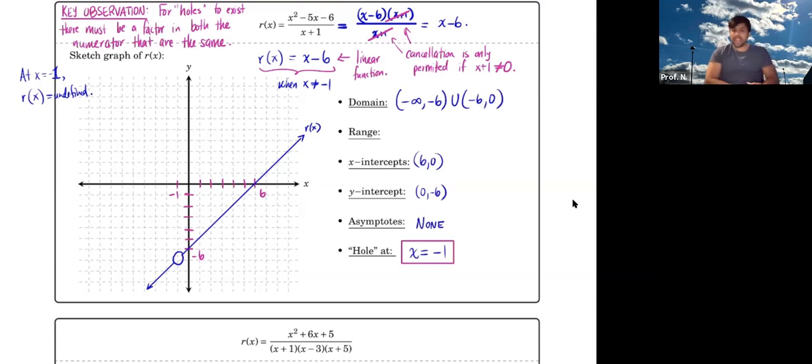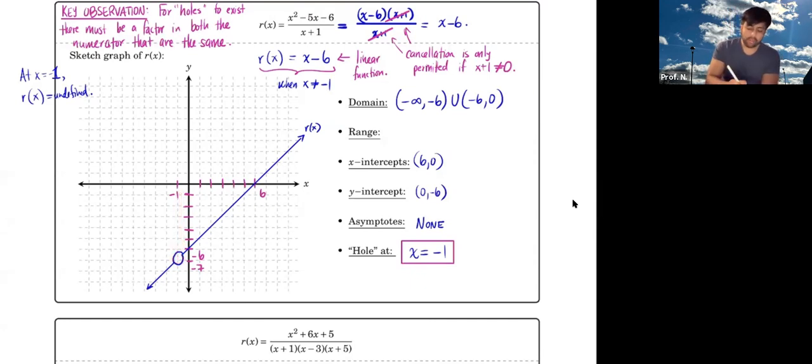And then what's the range? Now, what are the y values? Well, at -1, what would be the range if this was not defined this way, where x equals -1 is a problem? Let's say we filled up that hole again. What would be the x and y coordinates? It would be (-1, -7).